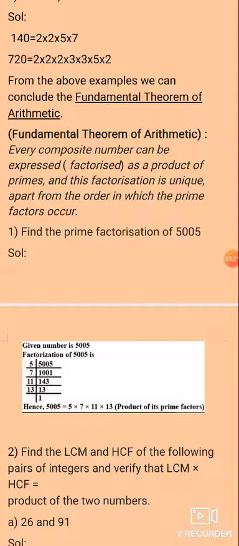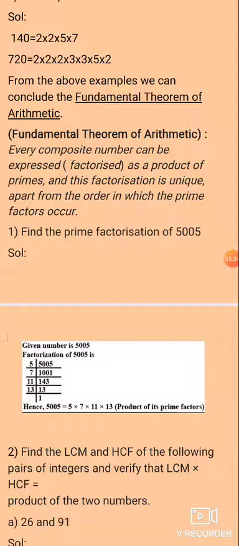Then consider the prime number 13. At last we get 1. 1 is neither prime nor composite. So the prime factors of 5005 are 5 into 7 into 13 into 11. So the prime factorization of 5005 is 5 into 7 into 11 into 13.